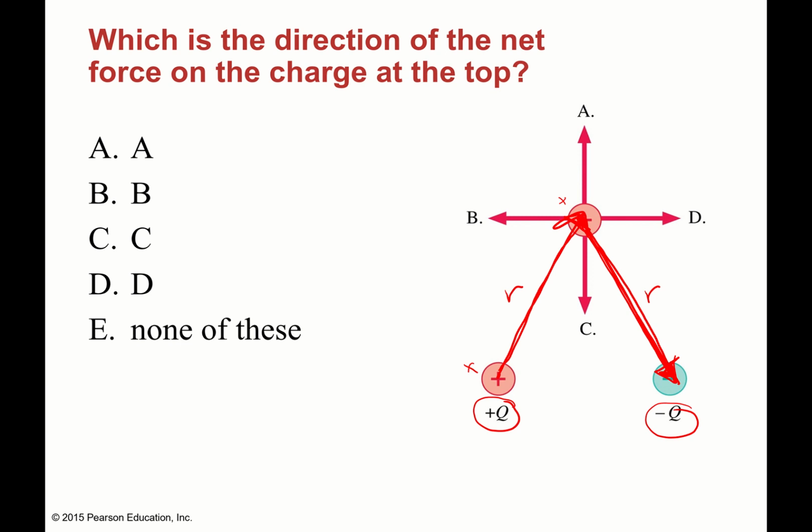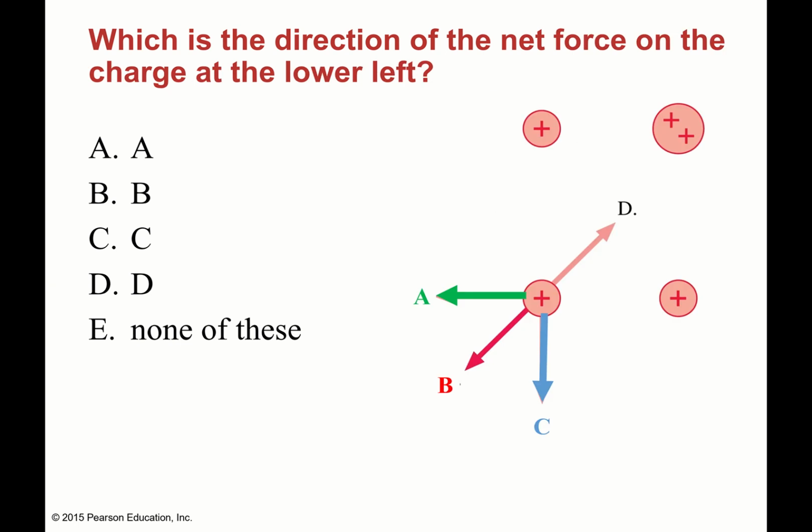So if I add those two together, I'm going to have one vector going like this, another vector going like that. The net sum of them, remember, if you add two vectors, the resultant goes from the tail of the first to the tip of the second. So the resultant vector is going to go over towards the right. So the answer is going to be D.